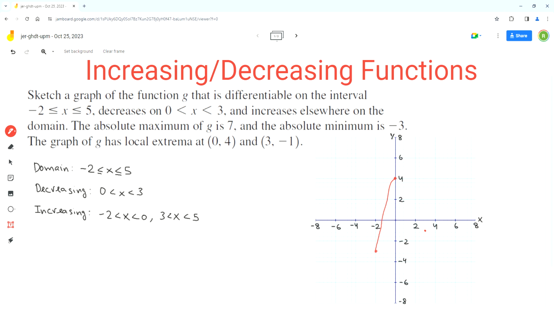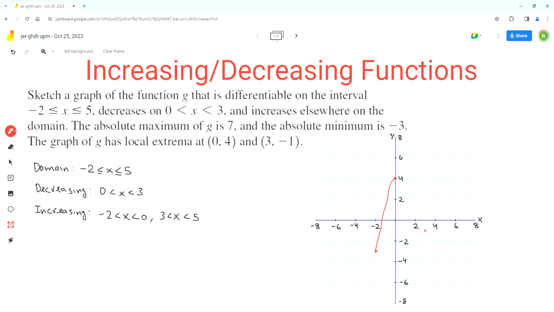Now we can analyze the next interval. To the right side of x equals 0 is the interval 0 to 3 over which the function is decreasing. So that means this local extremum (0, 4) represents a local maximum.